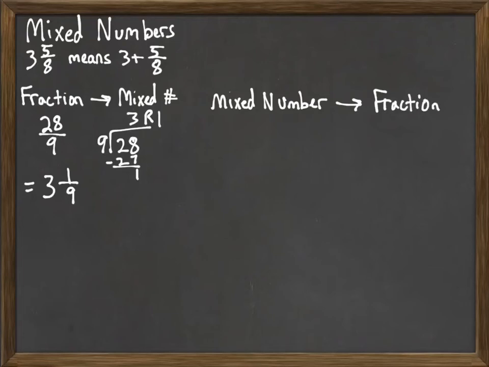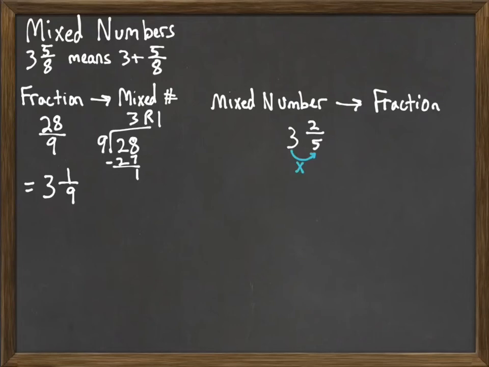What about if we go the other way? Let's take a fraction like 3 2/5 and say we want to convert that over from a mixed number to a fraction. Well, there's a little trick that we can use, and it involves taking the whole number, 3, times the denominator.